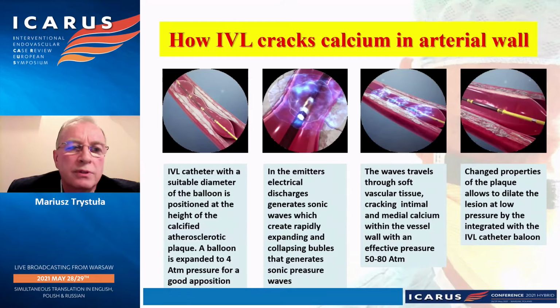When properly positioned, a balloon is expanded to 4 atmospheres pressure for good apposition. Then emitters are activated and electrical discharges generate vapor bubbles, which rapidly expand and then collapse, generating sonic pressure waves. These waves crack calcium deposits in media and intima with an effective pressure of 50, sometimes 80 atmospheres. Finally, cracked plaques might be dilated by the balloon integrated with the IVL catheter.